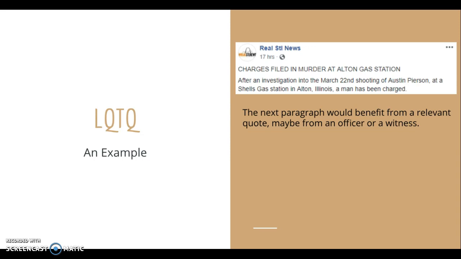And honestly, sometimes it can be the most interesting part of a story, to really see what maybe this officer thinks about what's happening, or maybe what the witness saw versus what the report said. You never know what you're going to get. So ideally, you would get some additional information and a quote that goes along with that as well.